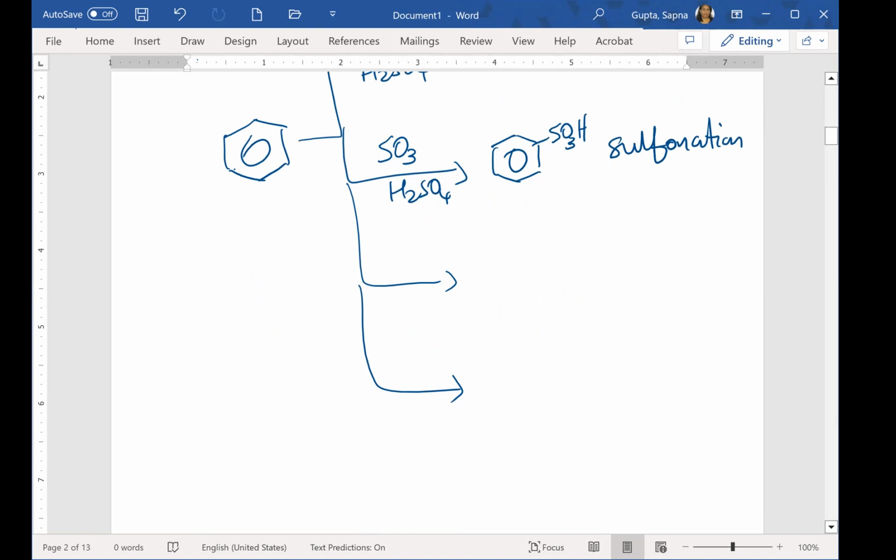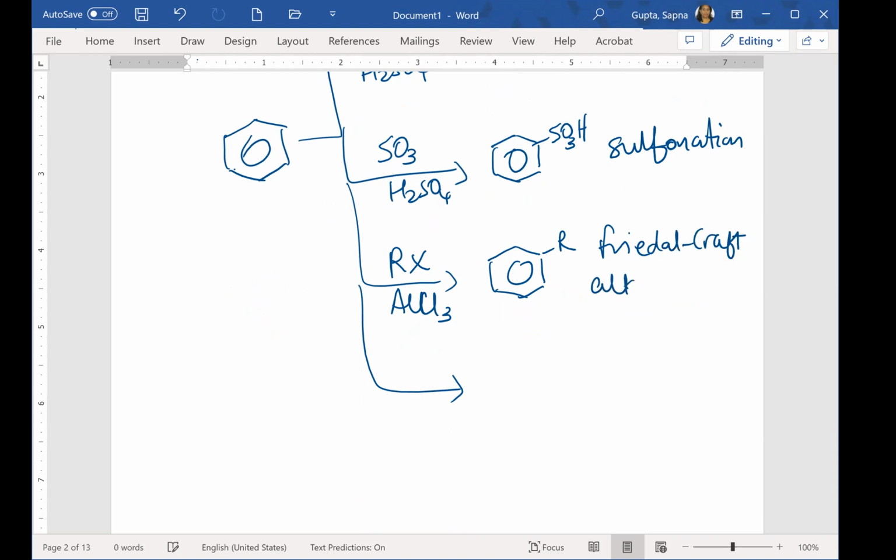Okay, the next two reactions are a little bit different. This is called Friedel-Crafts alkylation. And the next one are COCl. This is specific Cl, okay?